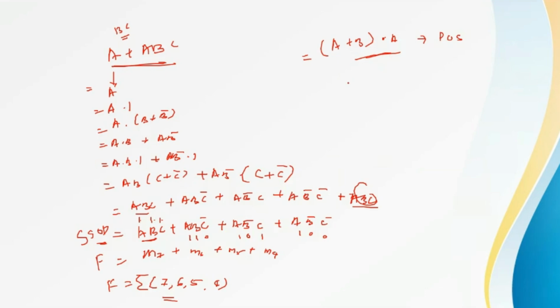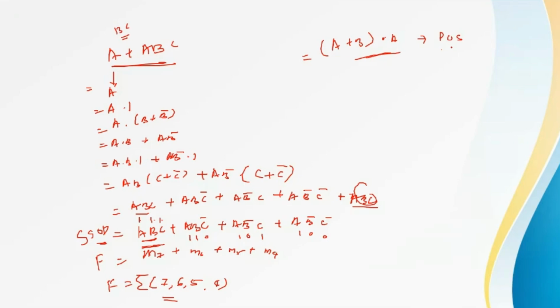Our motto is we have different laws, but we have to check what our final product has to be. Depending on that, we have to apply the law. You got the point? Why were we taking 1 here, why were we taking 0 there? Yes, because we want POS, product of sum.